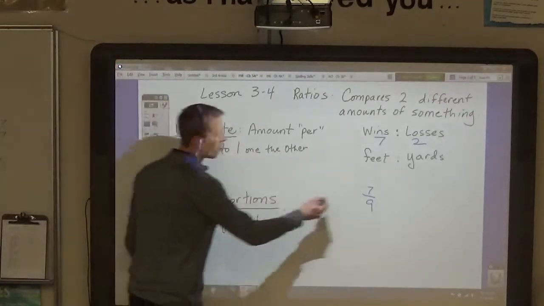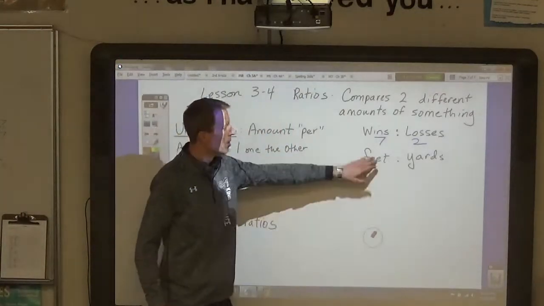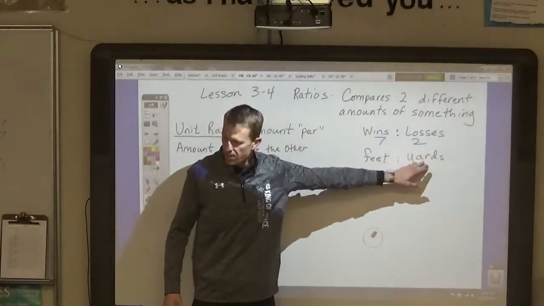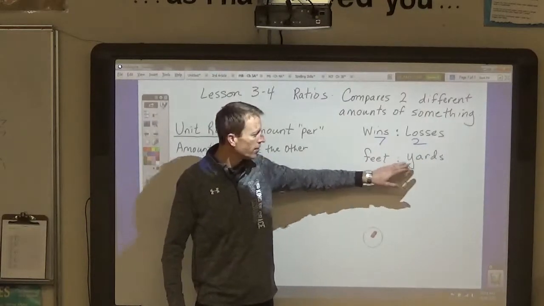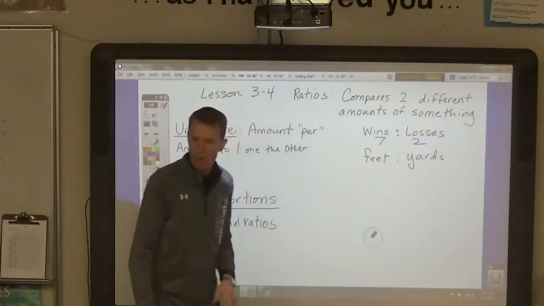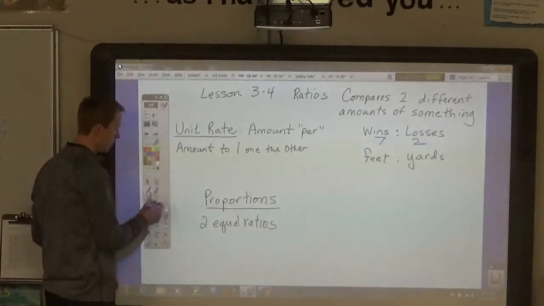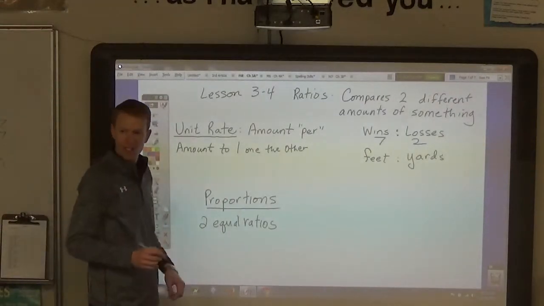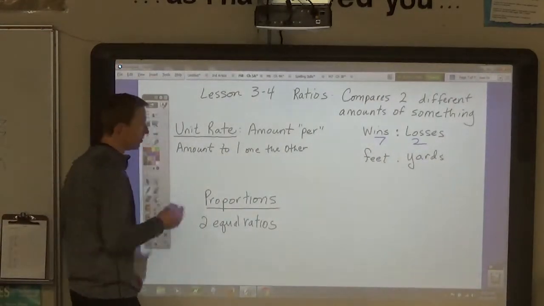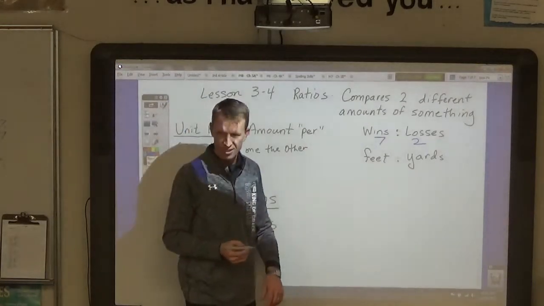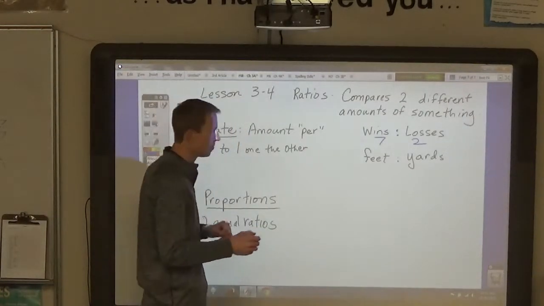Now, we use ratios a lot when we're talking about quantities. For example, feet and yards, we can write as a ratio. Dylan, what is the ratio of feet to yards? Is that like 3 to 1?